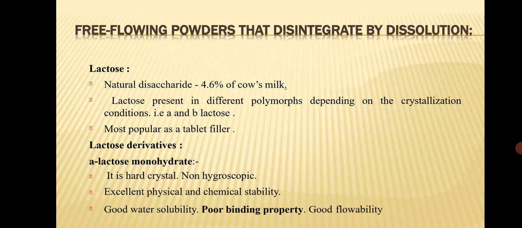Lactose derivative, alpha-lactose monohydrate, is a hard crystal which is non-hygroscopic. It has excellent physical and chemical stability. It has good water solubility but poor binding property and good flowability.